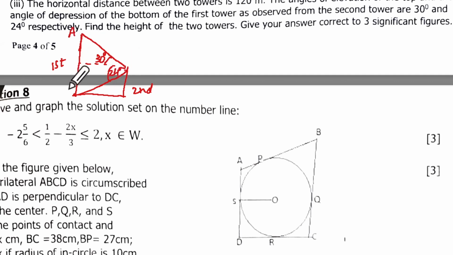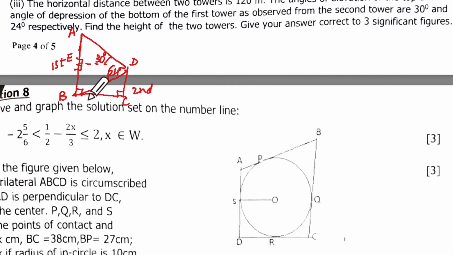Let us call this A, B, C, D, and let this point be E. So this is 90 degrees, this is 90 degrees, this is 90 degrees. Find the height of the two towers. Give your answer correct to 3 significant figures.